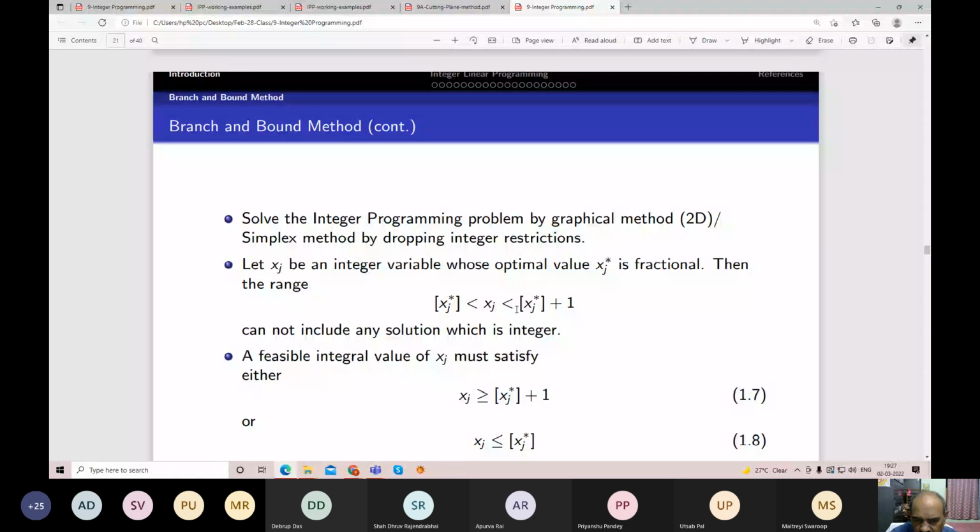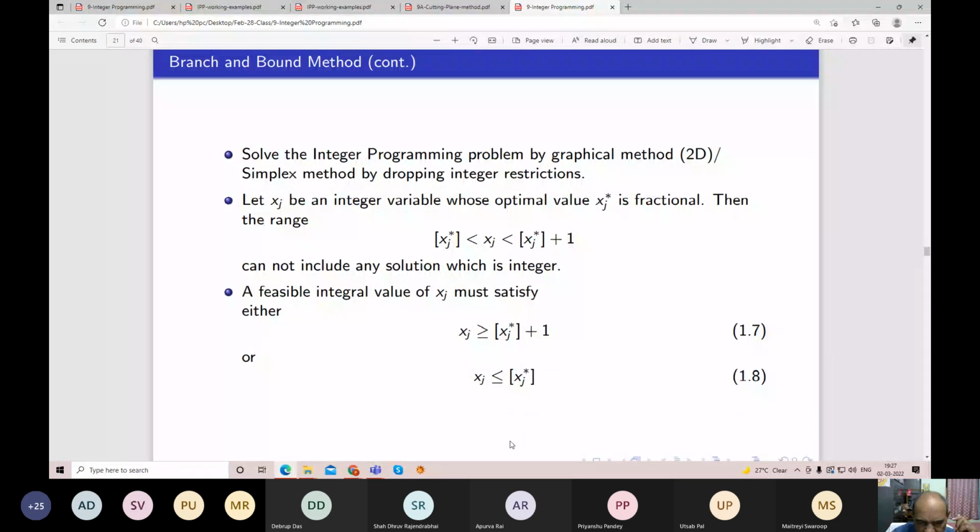So we are taking the complement. The interval cannot include any integer, so the complement will include. So xj greater than or equal to the integral part of xj star plus 1, or xj less than or equal to the integral part of xj star. These are two different branches, this or that. With respect to a particular xj, we branch into two different constraints.